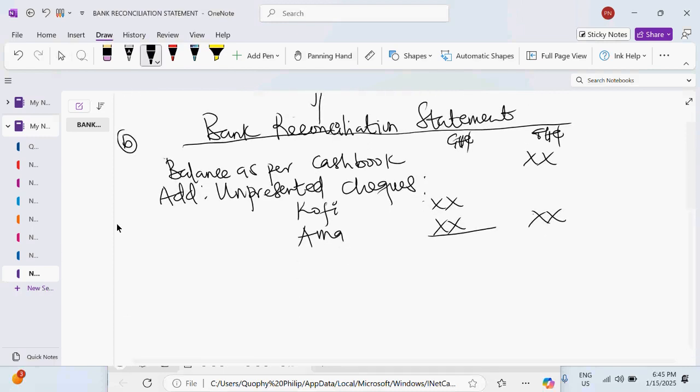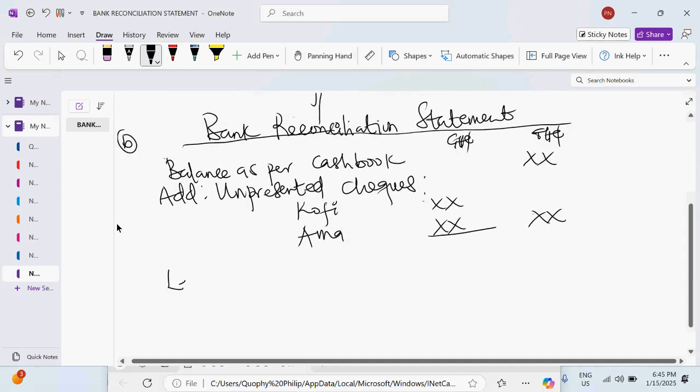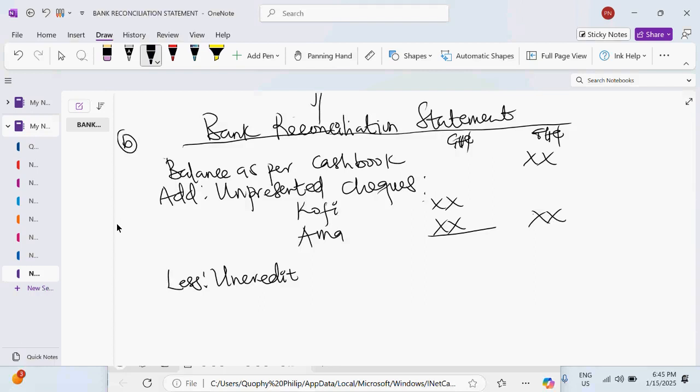Then we said that we less uncredited checks. Unpresented checks are the checks that the business has issued to its suppliers. The business has paid the suppliers by check, but the suppliers have not presented it to the bank for payment.